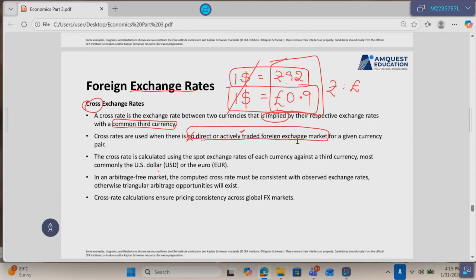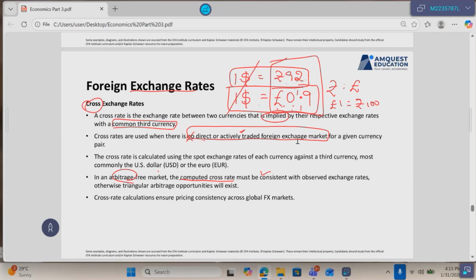Obviously, the implied rate which is computed should be consistent. Otherwise, you'll have arbitrage. If the cross rate does not work, then you'll have an opportunity. Clear? So got this logic? If I say $1 is so much, that means if I do rupee to pound, I'll effectively get that 1 pound is approximately 100 rupees.